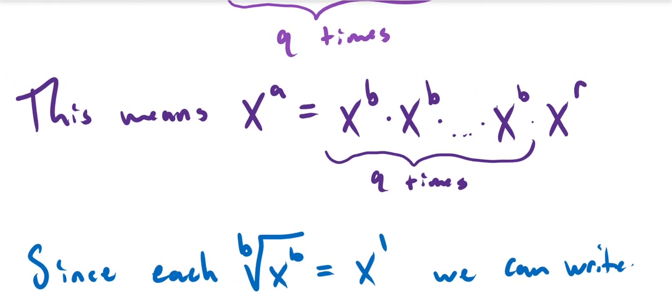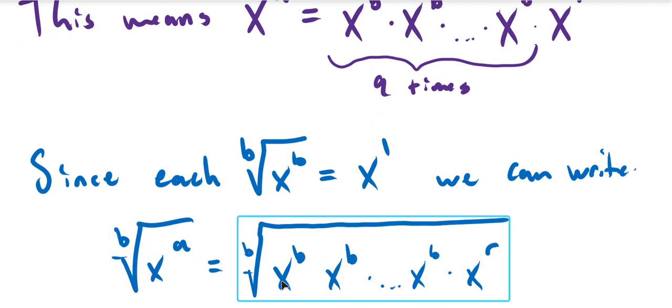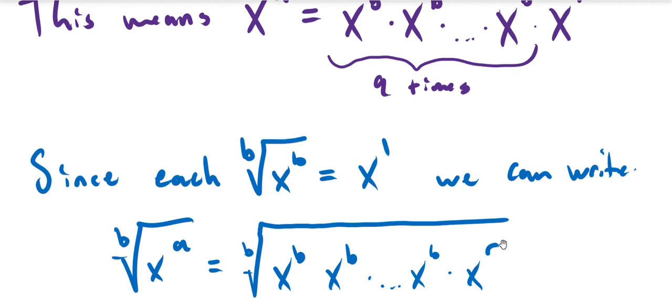Now, what does that mean for us for our simplifying radicals question? Well, each one of these b-th roots just gives me a single x. And so if I have something like the b-th root of x to the a, then I could rewrite x to the a this way, as x to the b times x to the b, and so on, q times, and then x to the r.